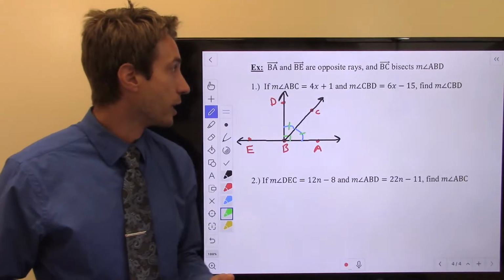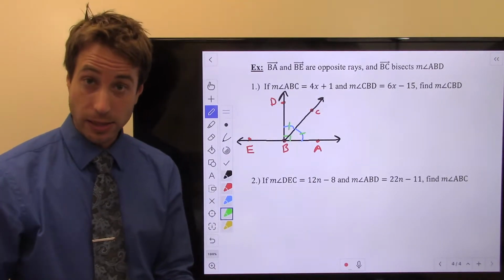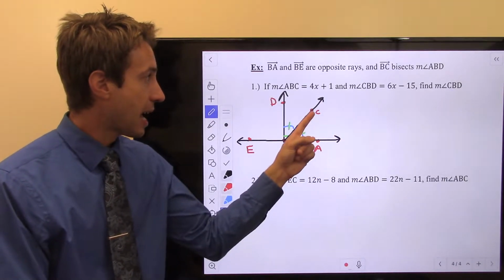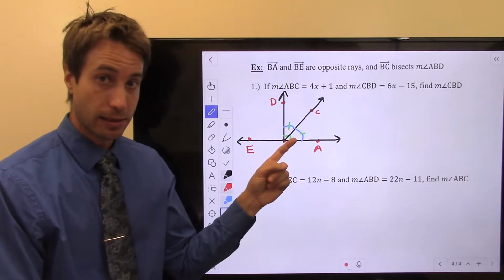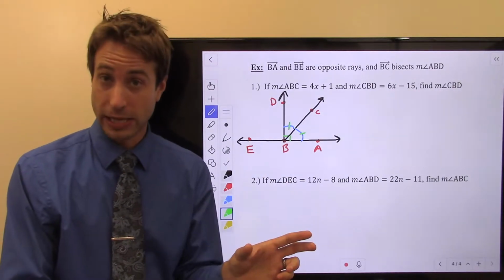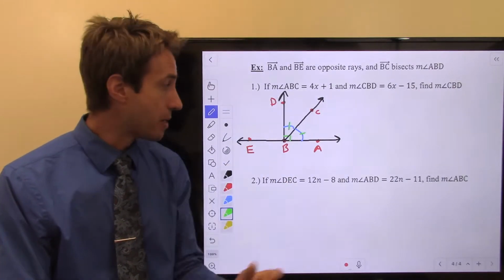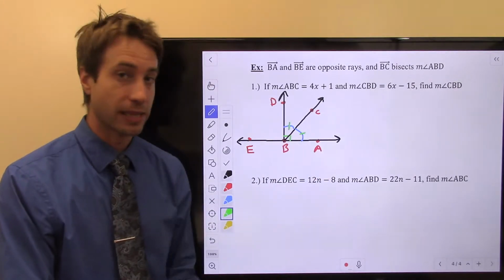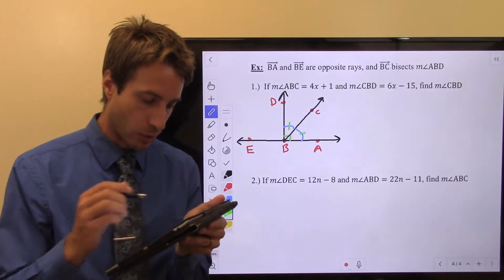Okay, so here we go. Since I know ABC and CBD are congruent angles, because BC is an angle bisector, these two angles have to be the same, so set them equal to each other.